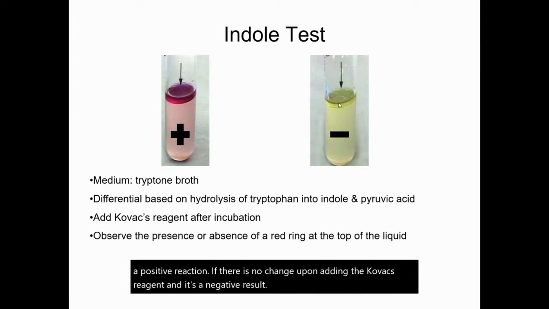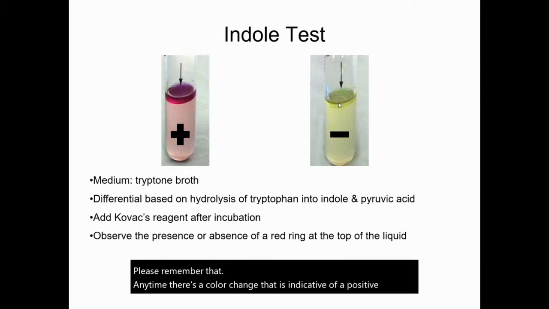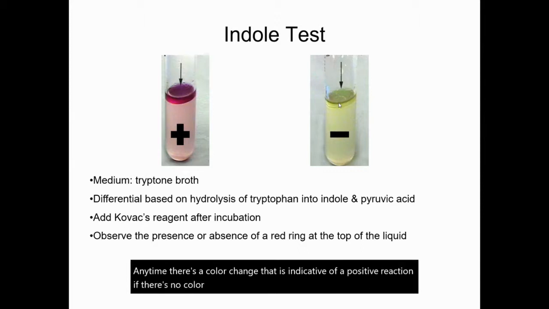Please remember that anytime there's a color change, that is indicative of a positive reaction. If there's no color change due either to inoculation or adding some sort of reagent, then that means nothing has happened. Nothing has changed since putting in the bacteria, so that's a negative reaction.